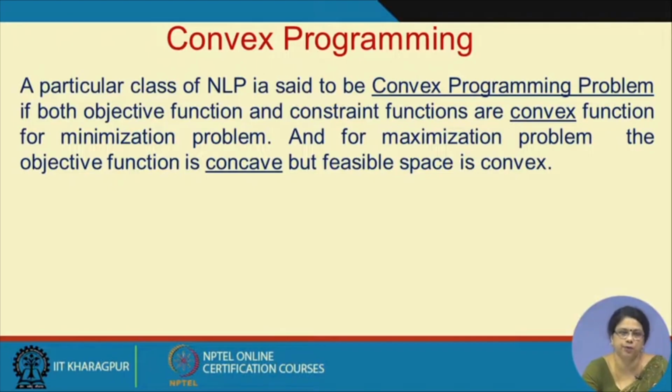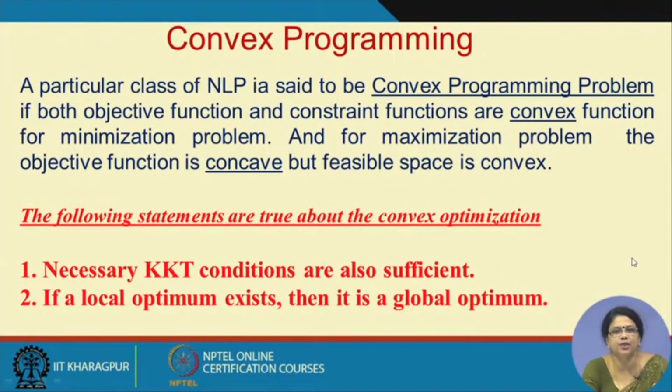Here the objective function must be concave, but the feasible space must be convex. Then all the local optimal solutions we get will be global optimal solutions. That is the specific sufficient condition for the KKT conditions.